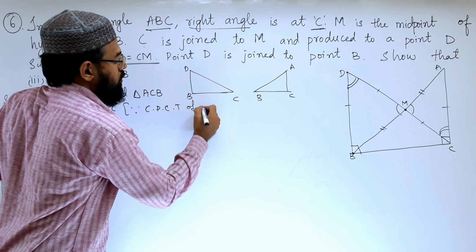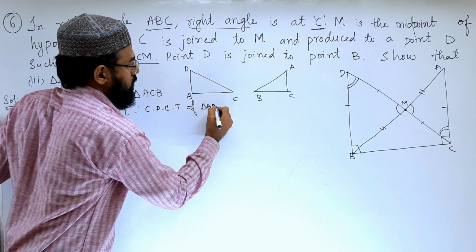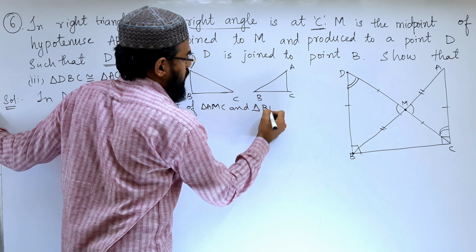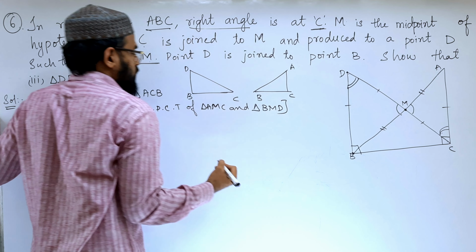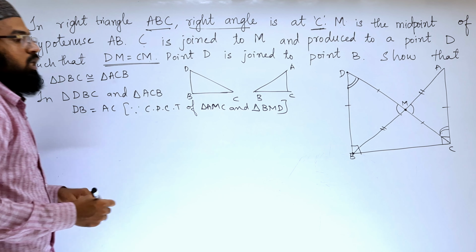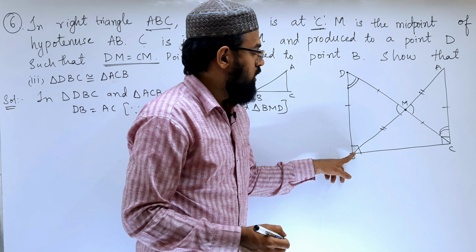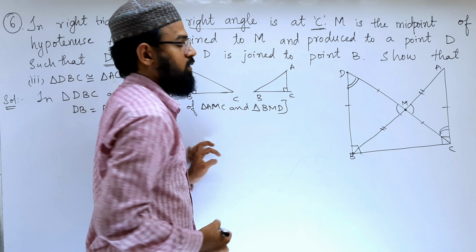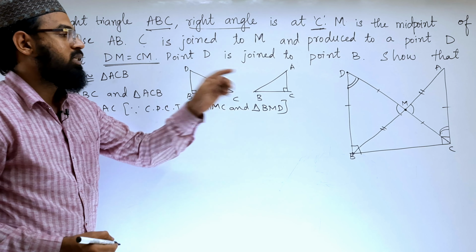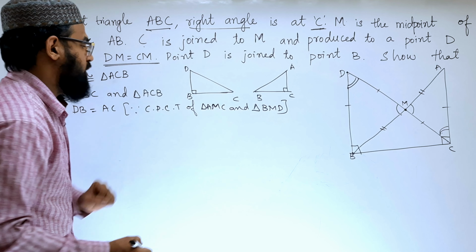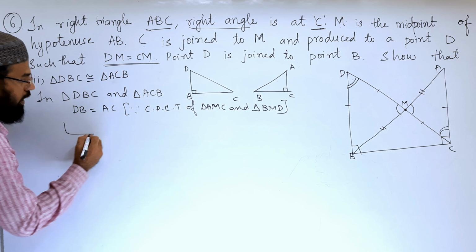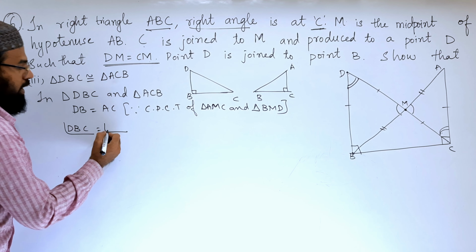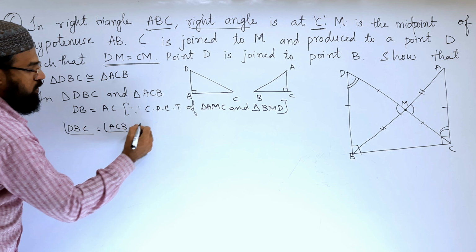Which triangles? Triangle AMC and triangle BMD. Next we can see angle DBC and angle ACB. Just now we have proved that angle DBC is 90 degrees. So we can write angle DBC is equal to angle ACB. Why?